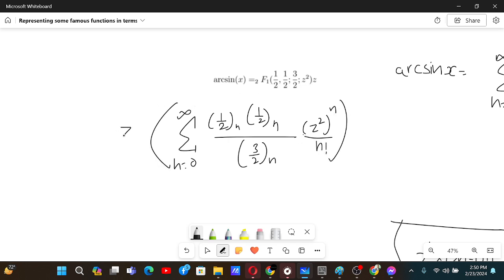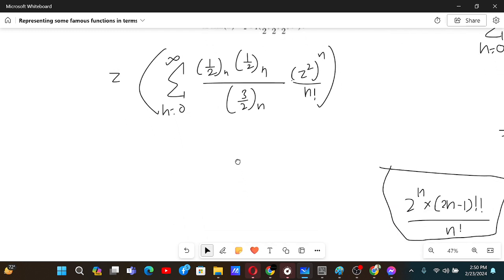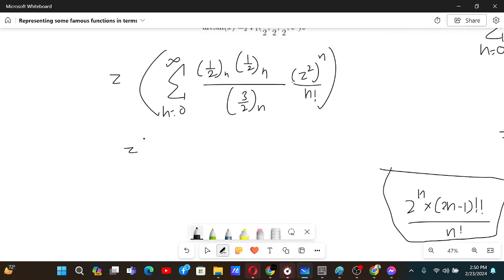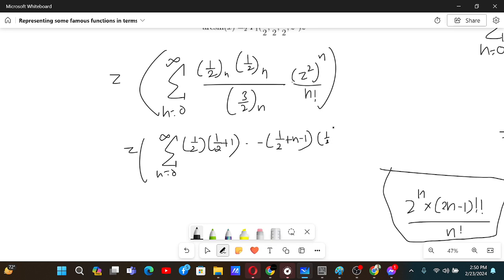Yeah. So now let us try to find these values. G times the sum going from n equals 0 to infinity. So this will basically be 1 by 2 plus 1 up to 1 by 2 plus n minus 1. And this will also be 1 by 2 plus 1 up to 1 by 2 plus n minus 1.